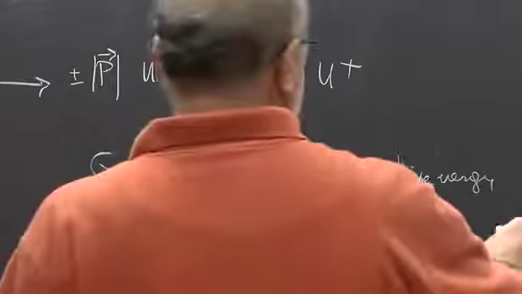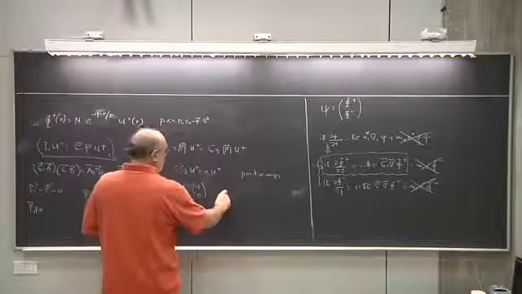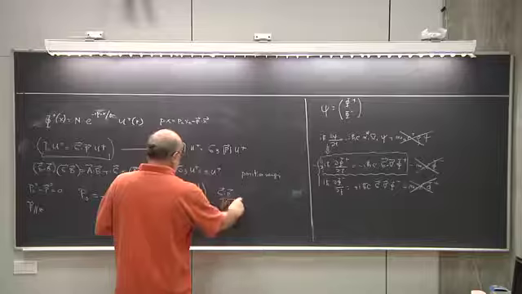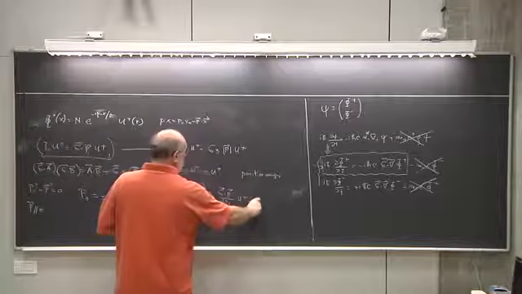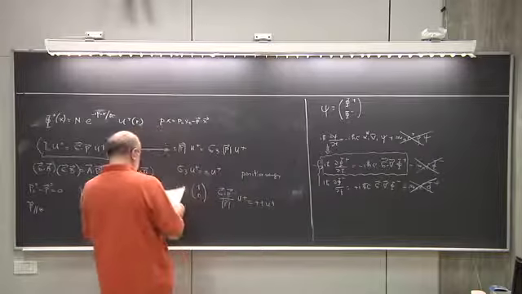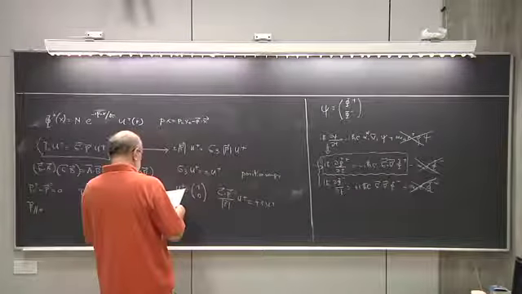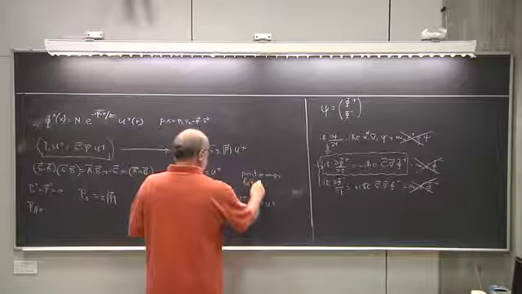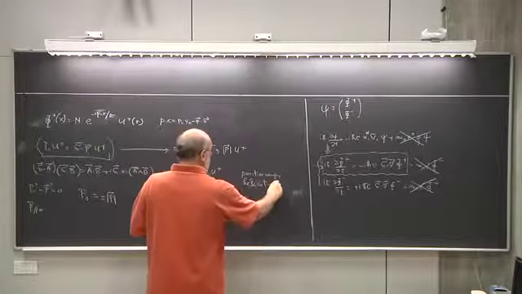So positive energy is this, and let's calculate the helicity of this u plus. Well, you get immediately 1 times u plus. So positive energy and helicity plus 1.